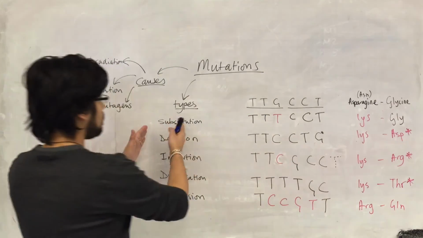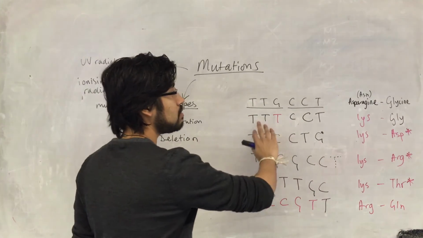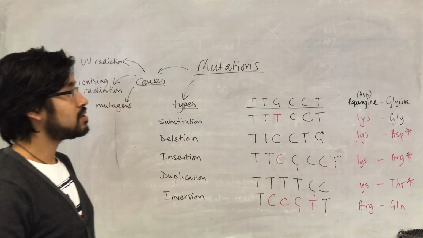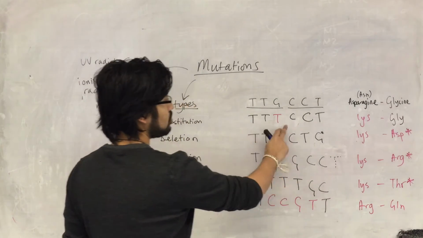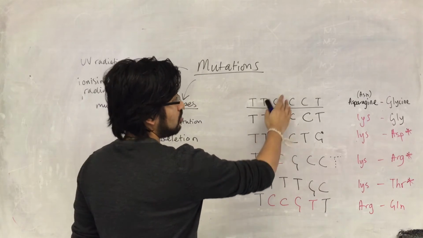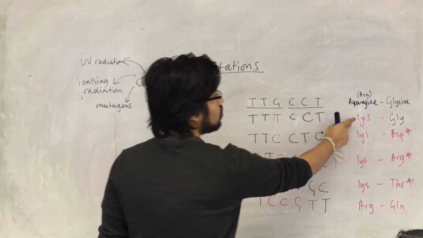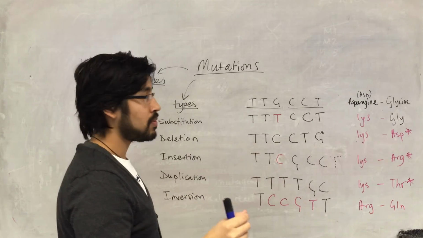For example, this substitution affects a single base. We've changed that from an A to a T, and from a G to a T, and that has caused a change in one amino acid.